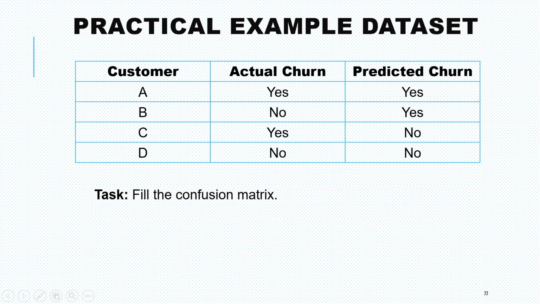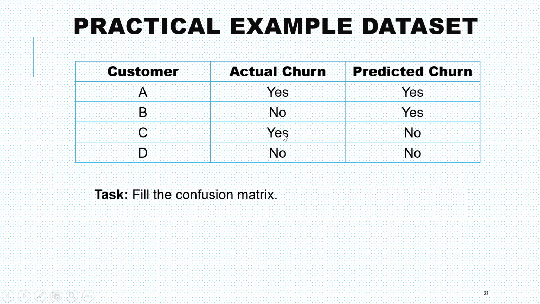What does that become? True positive. B, the actual is no, but it predicted yes. What is that? False positive. Great.